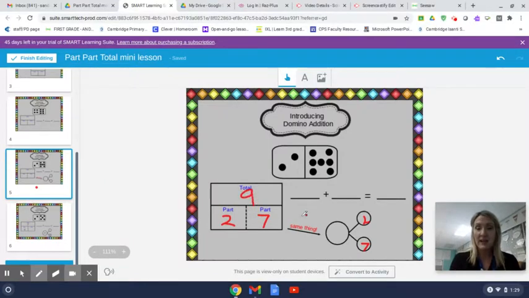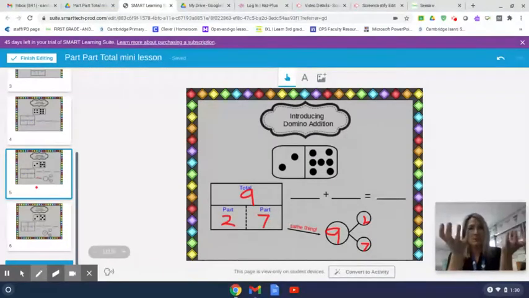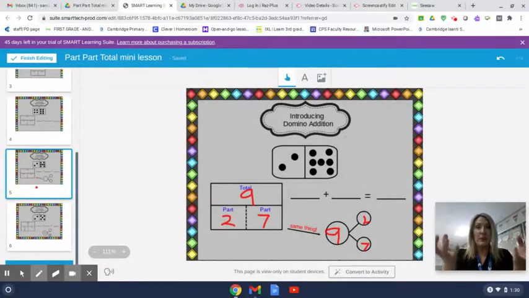So 9 is the largest number because when we think about a domino or numbers in general, we know that when I'm taking two small numbers or two parts, when I put those together, the number always gets bigger. The number gets smaller if I have the total and I take parts away. Okay, so our number sentence on this one would be 2 plus 7 equals 9.